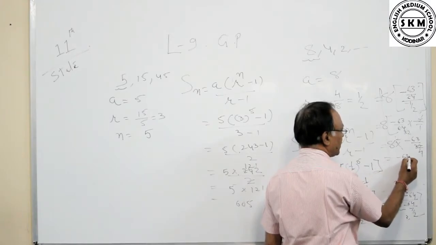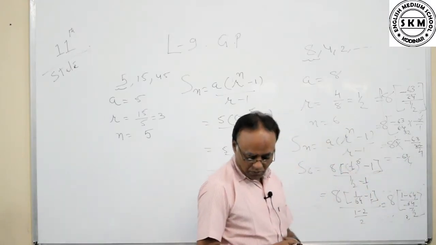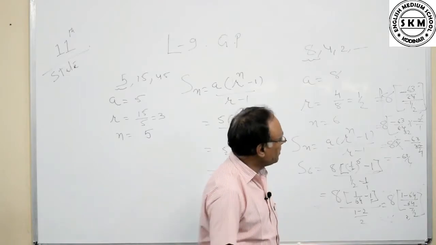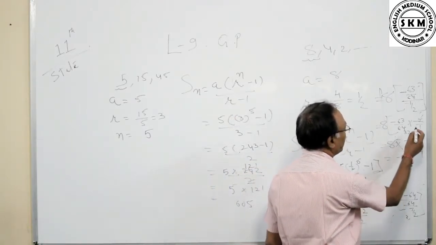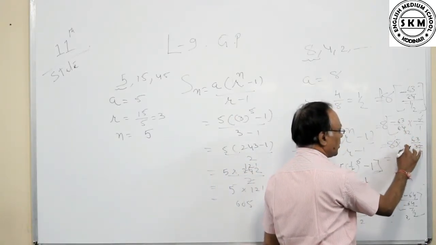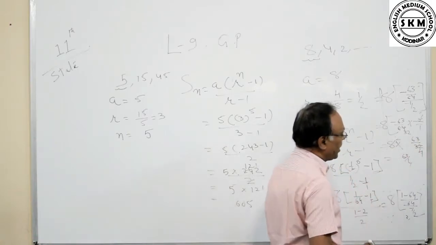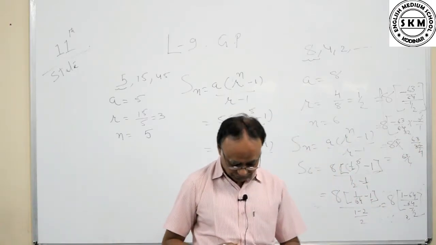So minus 63 upon 4. Minus minus is plus, so plus 63 upon 4.